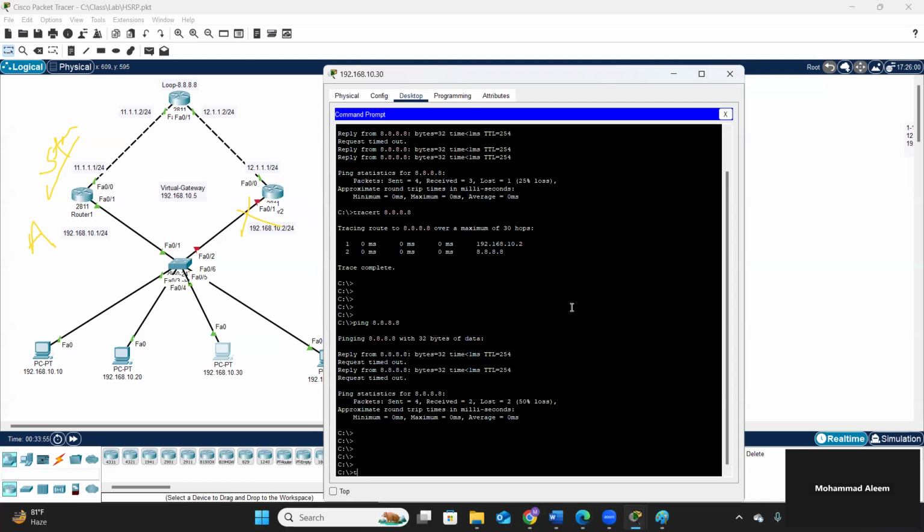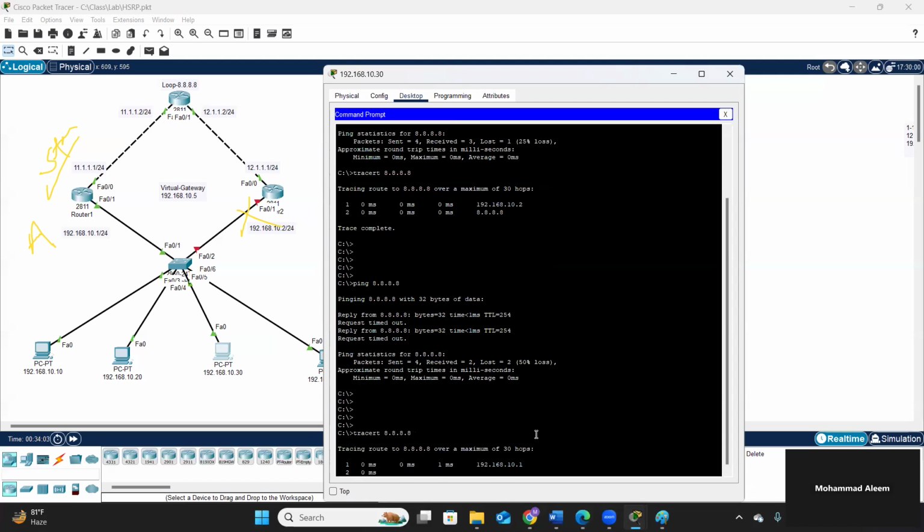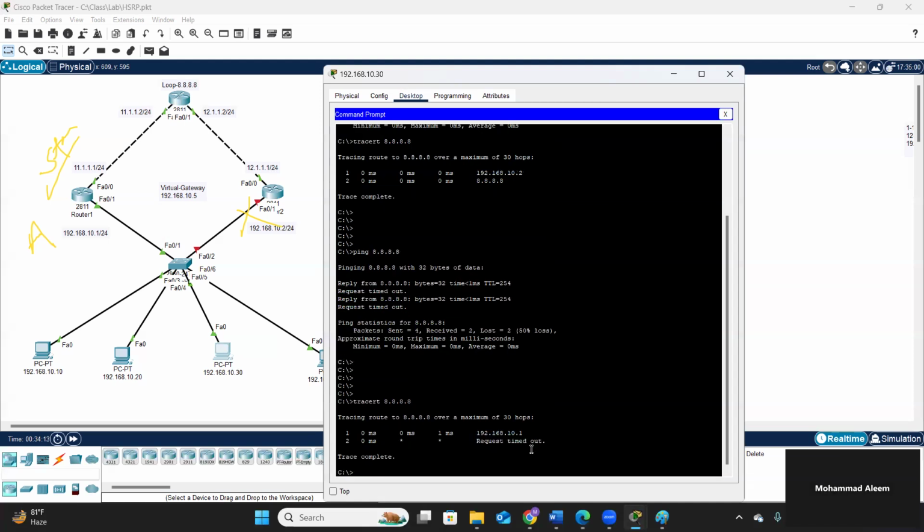Trace. So you can check. Earlier it was 192.168.10.2, this was the gateway through which we reached our destination. Now its router is 192.168.10.1.